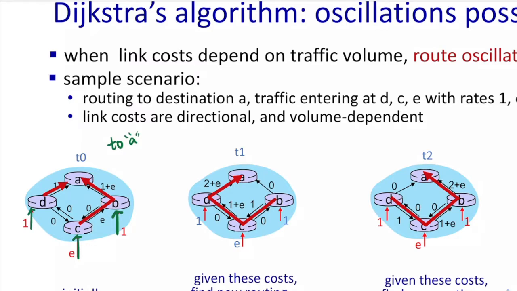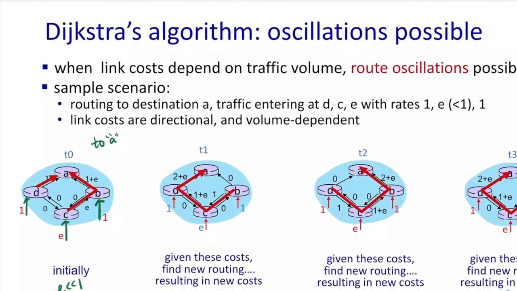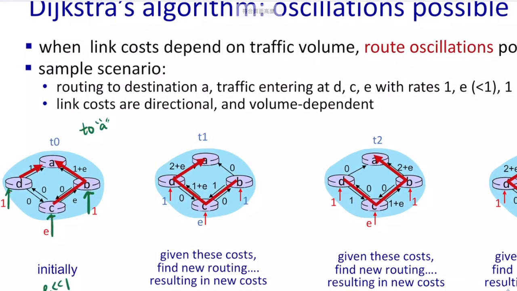D also needs to route 1 unit of packets to A. So that is 1, epsilon, and 1 unit, and epsilon is far smaller than 1.